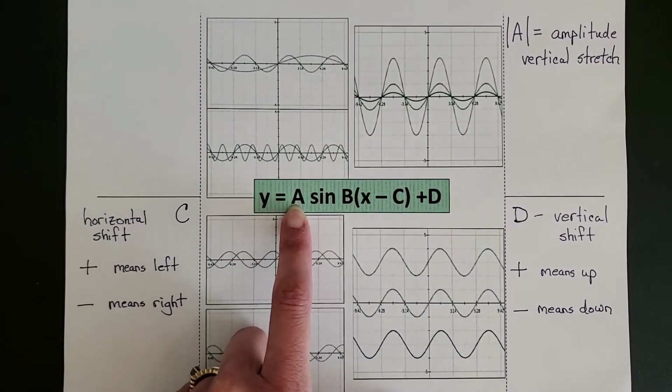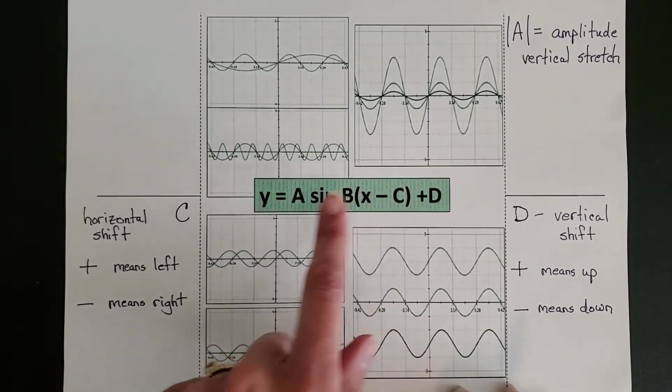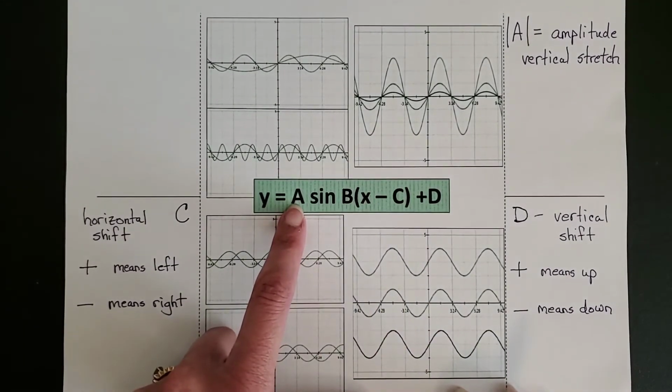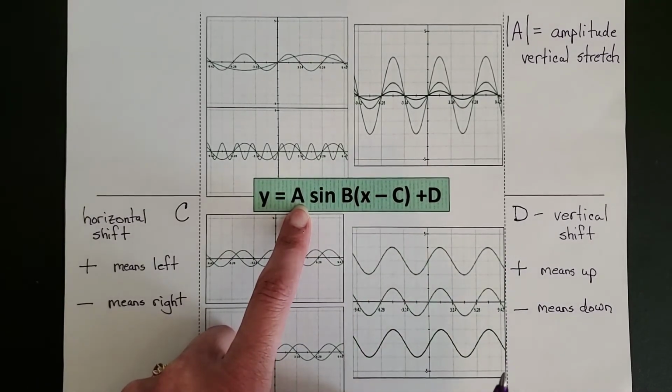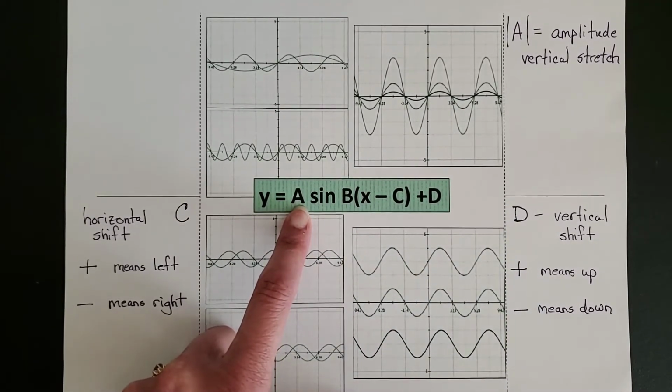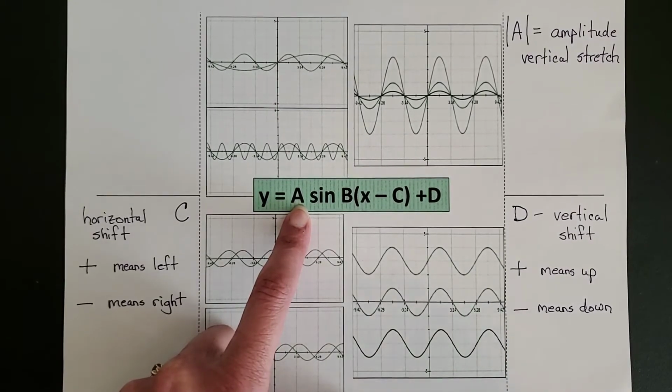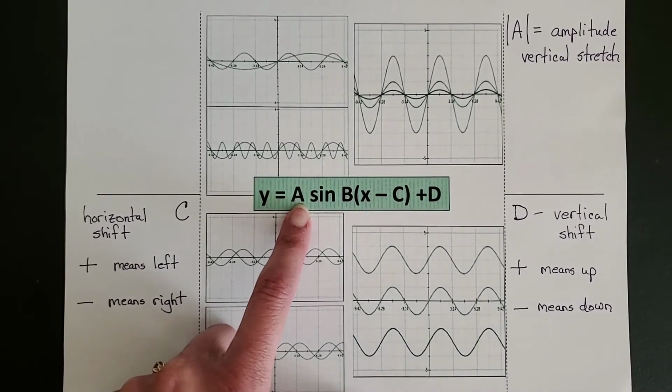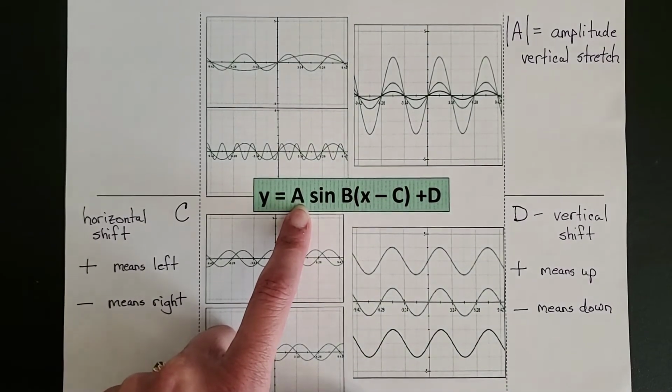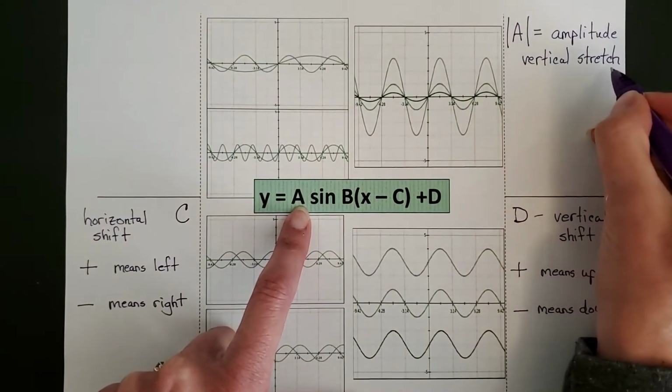And remember that amplitude is always going to be positive, even though that A value could be negative. Remember, if A is negative, you're going to start at the opposite value. If it's a sine, that means you'll be going down first. And if it's a cosine, if A is negative, you would start at a minimum rather than a maximum. So this is your vertical stretch.